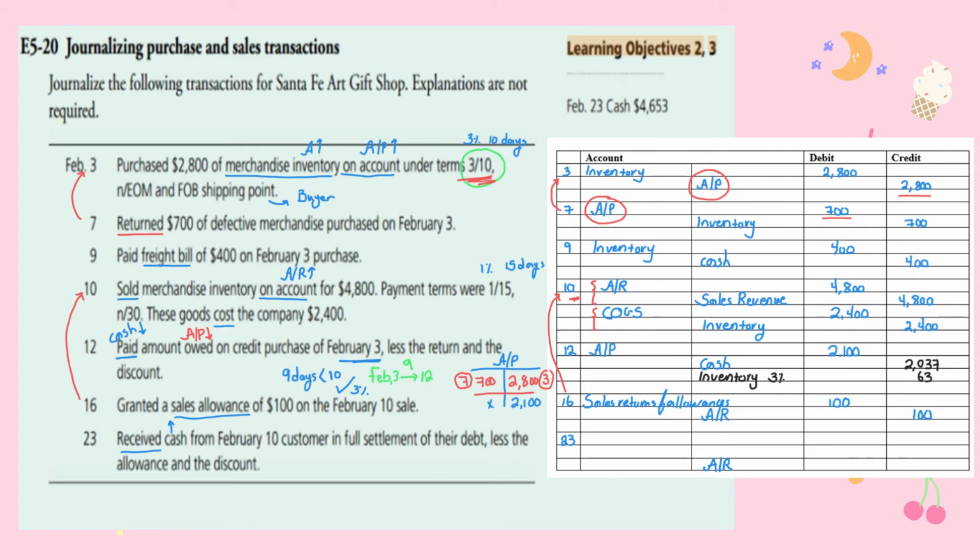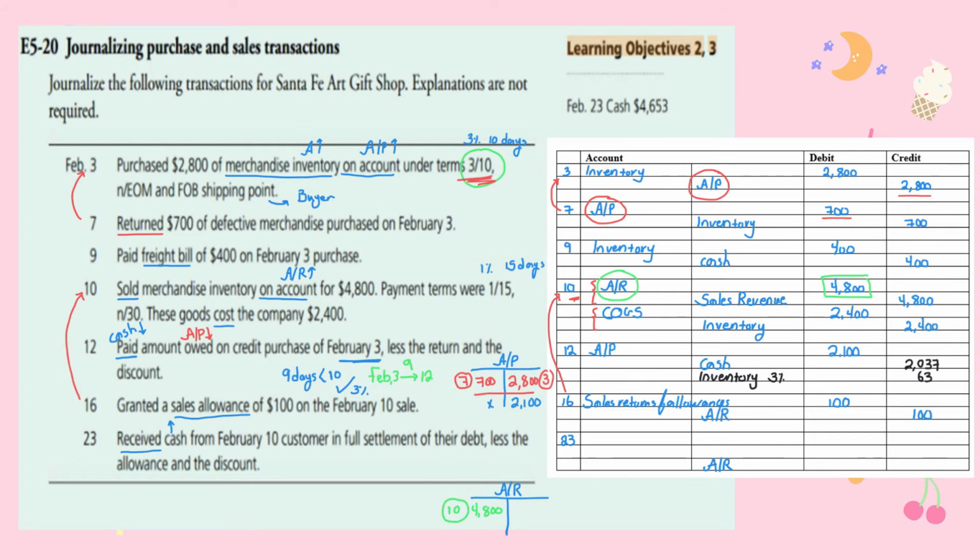I need to draw a T account for the accounts receivable now. Let's see the balance in my accounts receivable. So on February 10th, accounts receivable was debited by 4,800. So 4,800 in the debit side from February 10th.